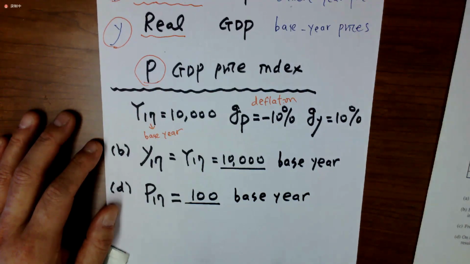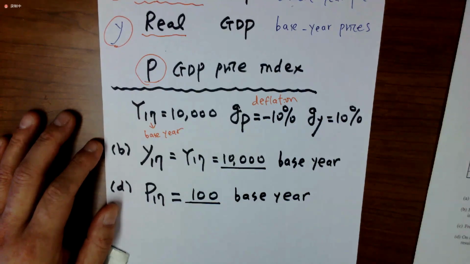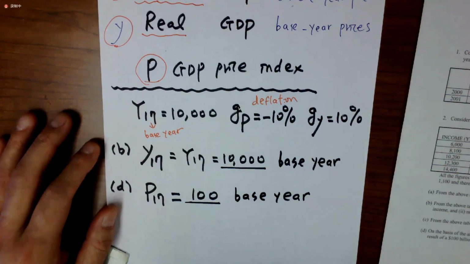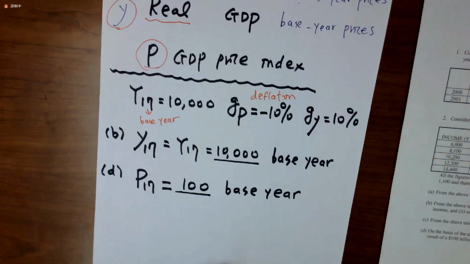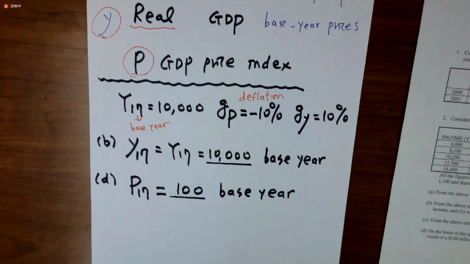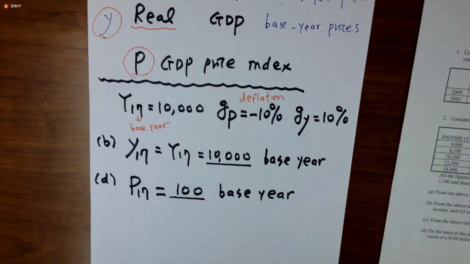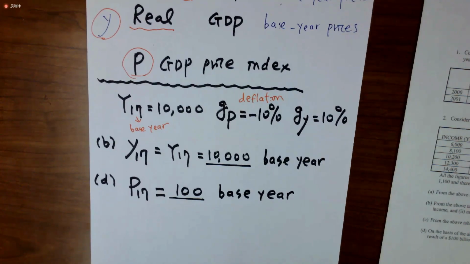Good. All right. So what do you want to do next? Which one? We can do P 2018, the price index for 2018, since we have the growth rate and the base year. So you want to do part E first. Is that right?